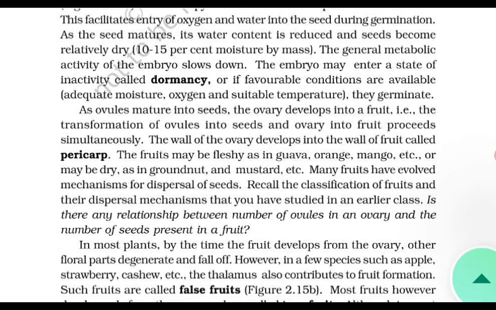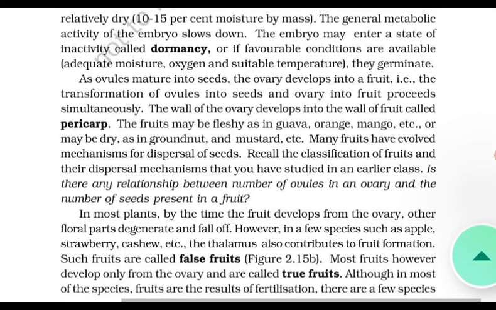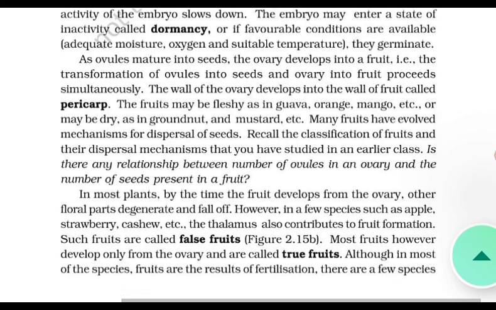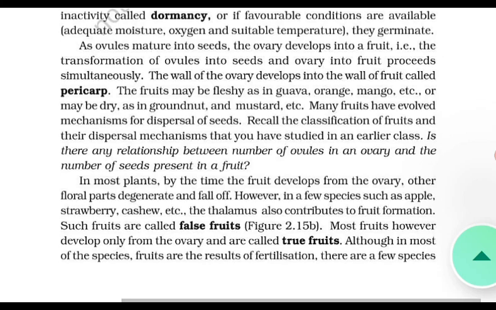Though the seeds differ greatly, the early stages of embryo development, that is embryogeny, are similar in both monocotyledons and dicotyledons. The figure depicts the stages of embryogeny in a dicotyledonous embryo, the diagram given above.